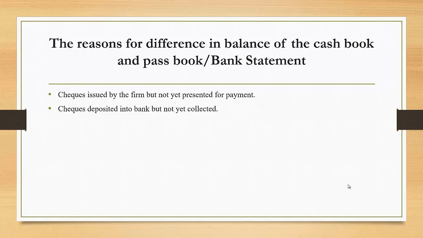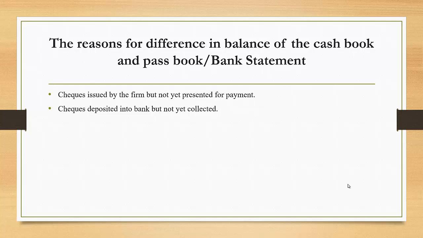So let's have a look at the reasons due to which we need to prepare a bank reconciliation statement. First of all, we need to identify why differences arise between bank statement and cash book. The first reason, as you can see, is checks issued by the firm but not yet presented for payment. Normally firms issue checks on account of salary, purchase, or any other payment.